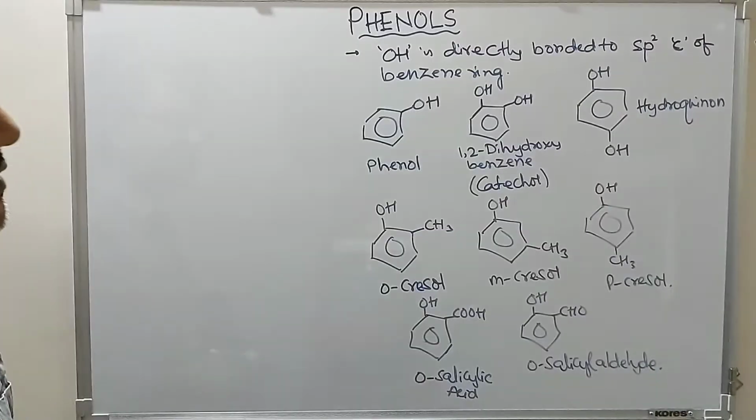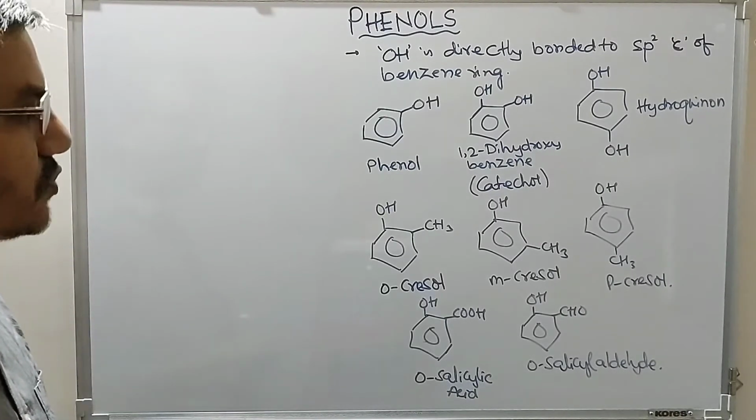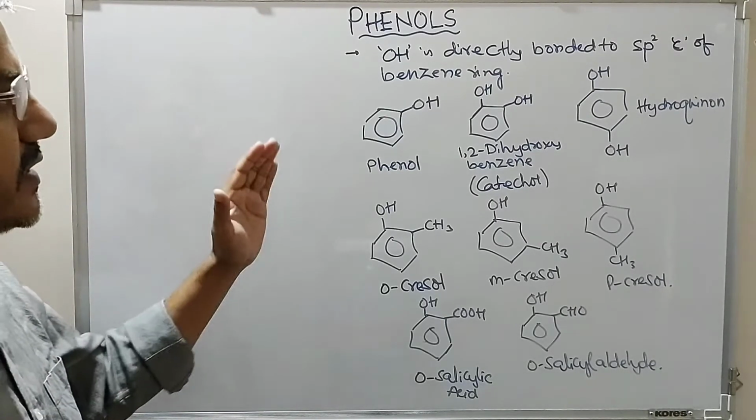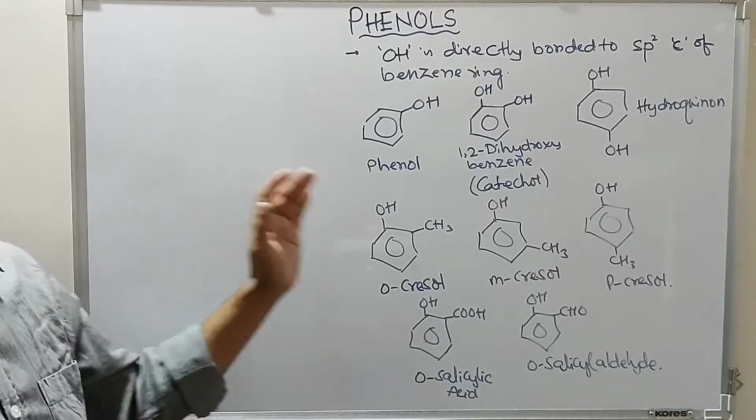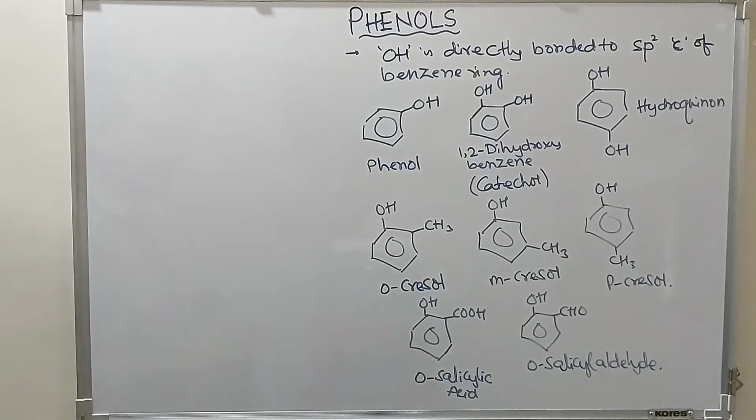So if you look at this, these are all phenolic compounds in which the OH group is directly attached to the sp2 hybridized carbon atom of benzene ring. So this is what we call as phenols.